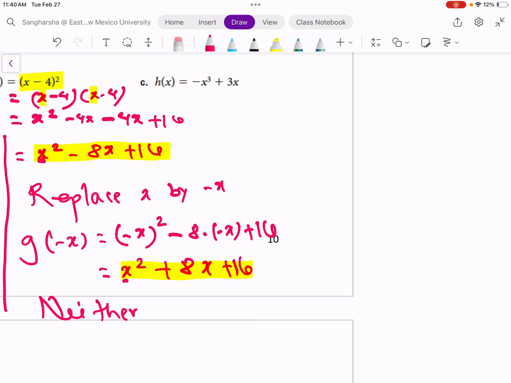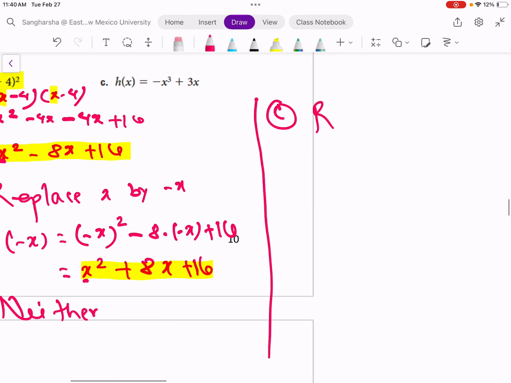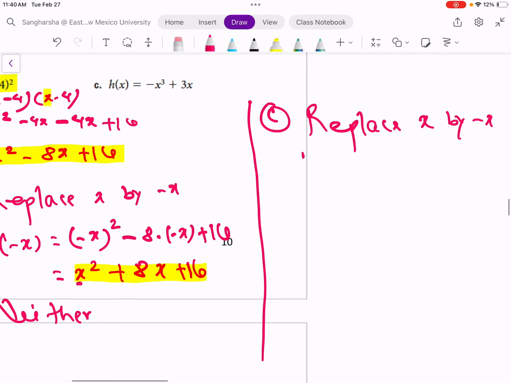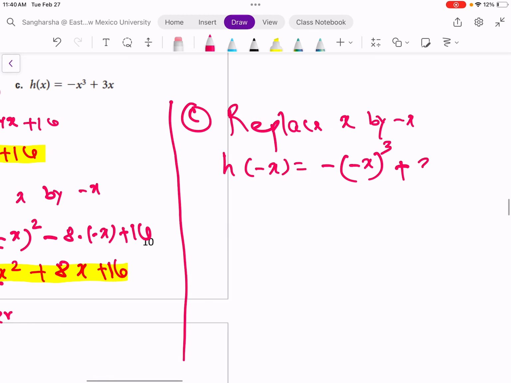Let's see. For number C, it's the same thing. Every time you are asked to check whether it's even or odd, you do the same thing. You replace x by negative x. So our h of negative x equals negative, for x you have negative x cubed, plus 3 times negative x.